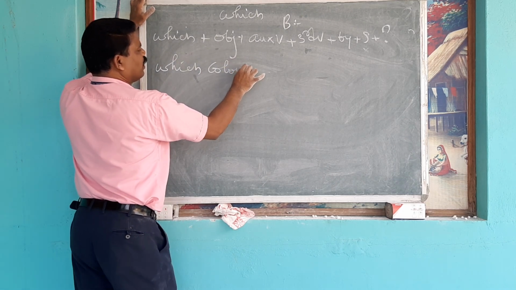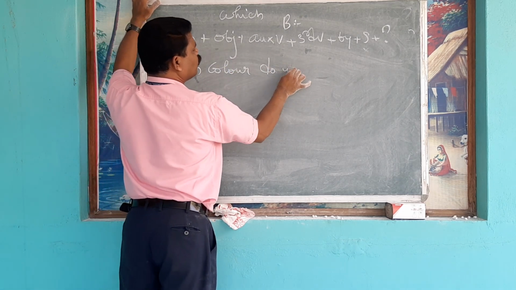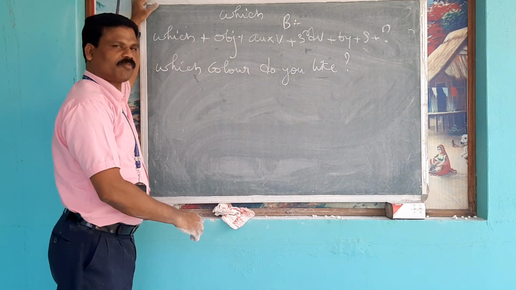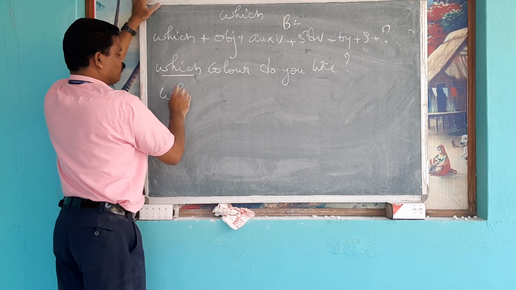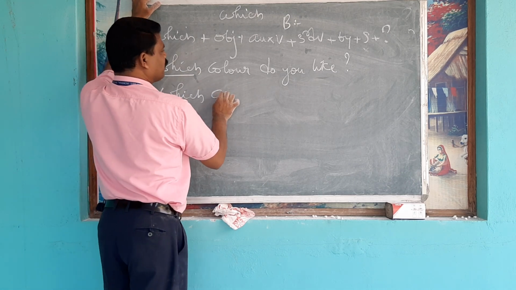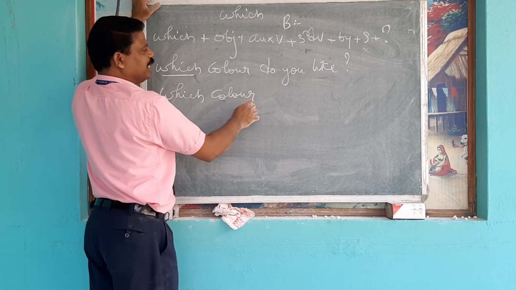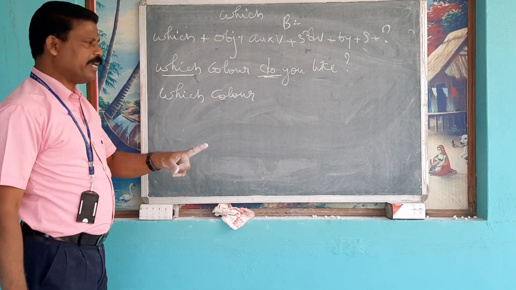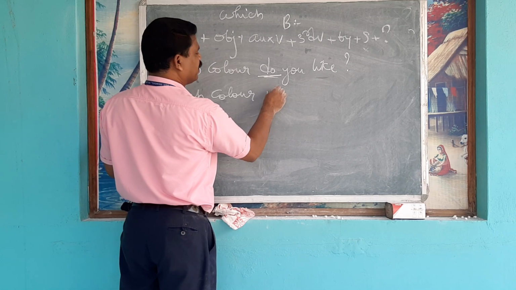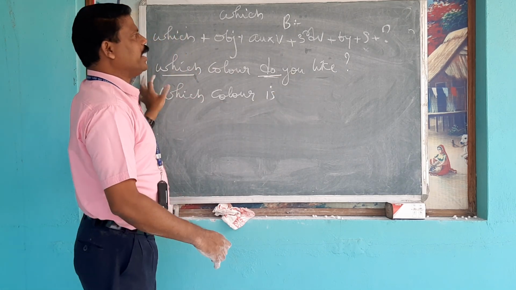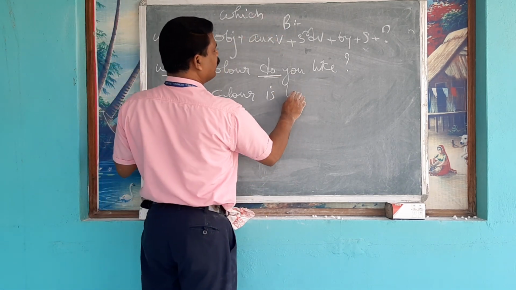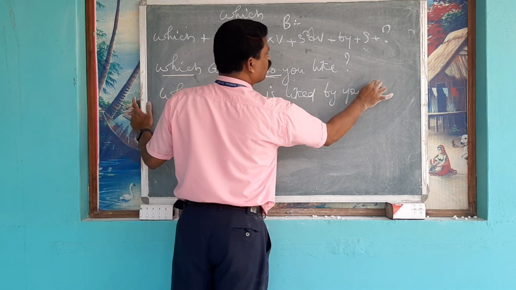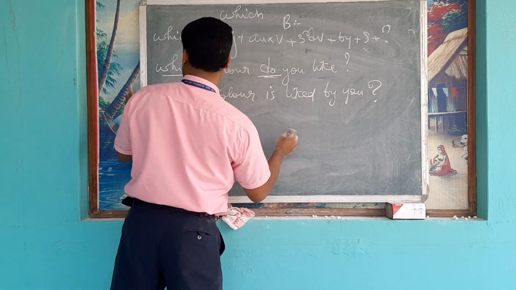Which color do you like? Object is color. Which color? The auxiliary do will be replaced by is or are. Which color is? Then no need to add be, being, been. Third verb, liked by you. Question mark.